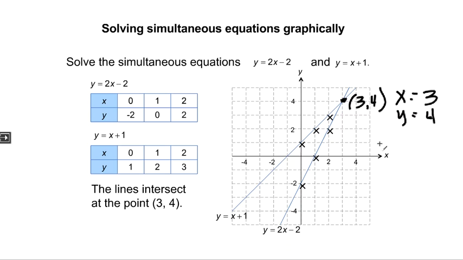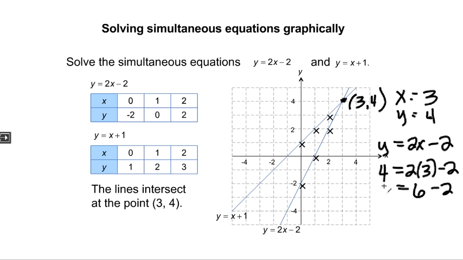And so with my first equation, y equals 2x minus 2, I'm going to plug in these values. So does 4 equal 2 times 3 minus 2? Hopefully you can do that pretty quickly. Let's just write it out. 2 times 3 is 6 minus 2. And last time I checked, 6 minus 2 is 4, so that's a true statement.